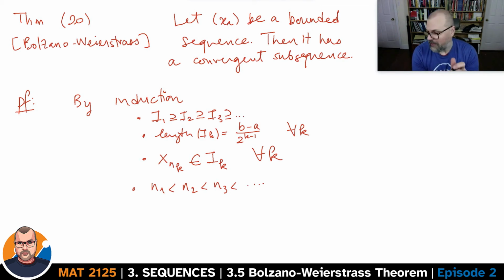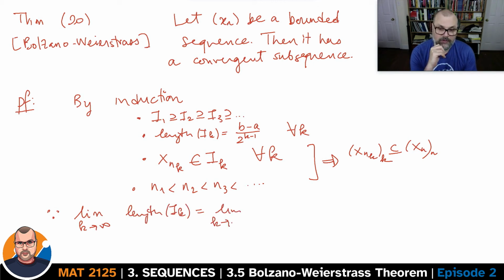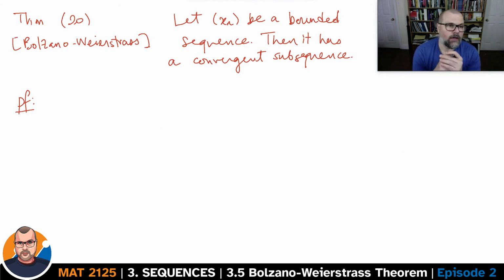And so these two things are telling us that x_{n_k} is a subsequence of x_n, and because the limit as k goes to infinity of the length of the kth interval is the limit as k goes to infinity of (b minus a) divided by 2^{k-1}, which we know to be 0, then all of the hypotheses of the nested interval theorem are satisfied.